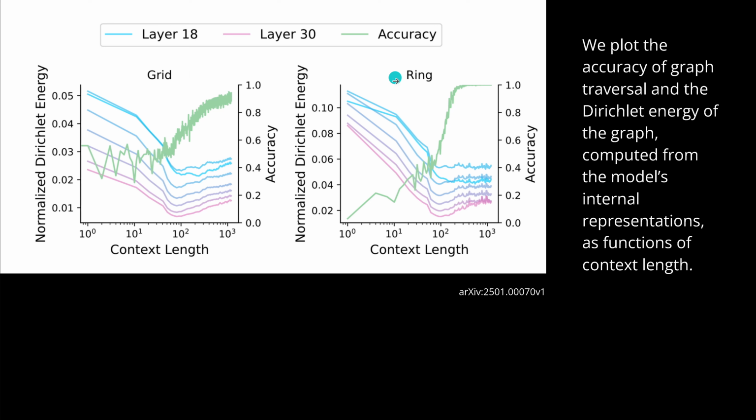If we go to the ring topology of our data representation that we want to find, same structure: accuracy, normalized Dirichlet energy. Just look at the green, the accuracy from 0% to 100% of our system. You see there's an extreme jump to 100%, and then more or less we are stable close to 100% accuracy.